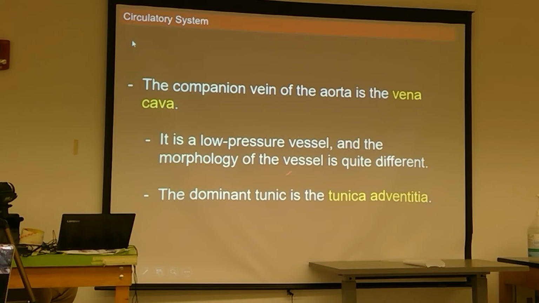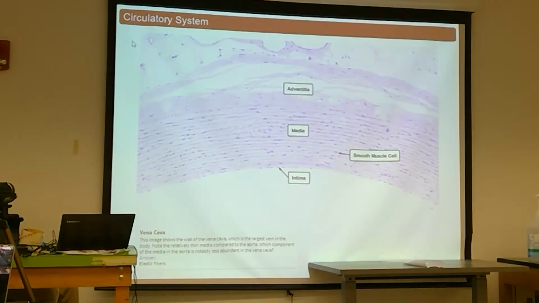Like I said, veins are lower pressure vessels compared to the arteries. The morphology is quite different because of the amount of layers; they don't have as much elasticity. And the dominant layer is going to be your tunica adventitia, compared to the artery, which is the tunica media, right?